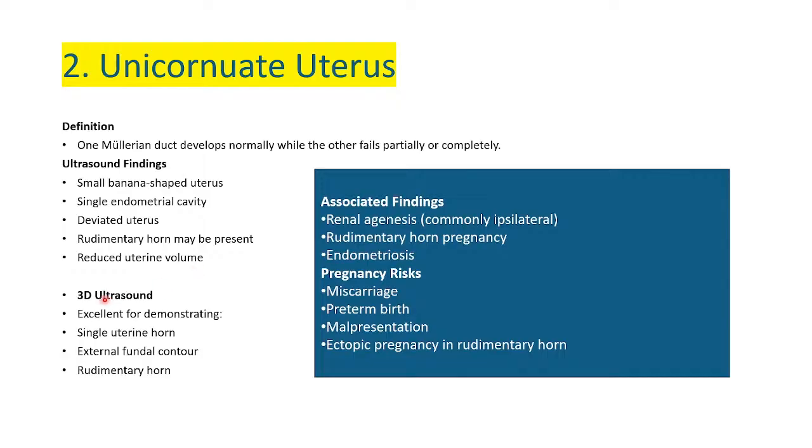On 3D acquisition, it is excellent for demonstrating the single uterine horn, external fundal contour, or rudimentary horn. The associated findings: renal agenesis, commonly ipsilateral, meaning on one side, rudimentary horn pregnancy, endometriosis. Pregnancy risks: miscarriage, preterm birth, malpresentation, ectopic pregnancy in the rudimentary horn.